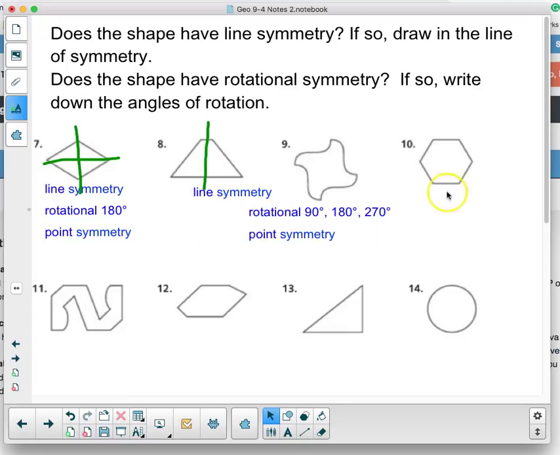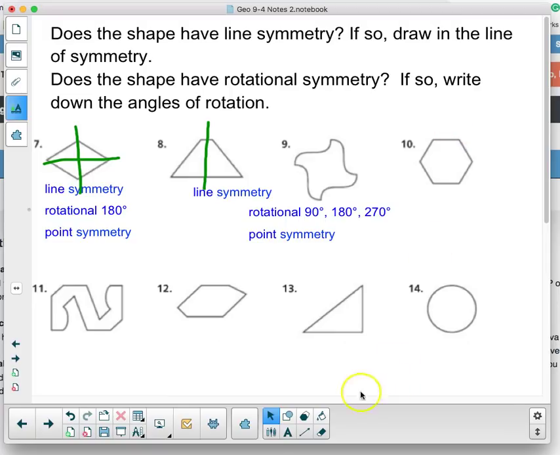And here I have a hexagon. And by the way, I don't have any line symmetry in this. Here I have a hexagon. We talked about the hexagon. Regular polygons have just as many lines of symmetry as there are sides or vertices in the polygon.